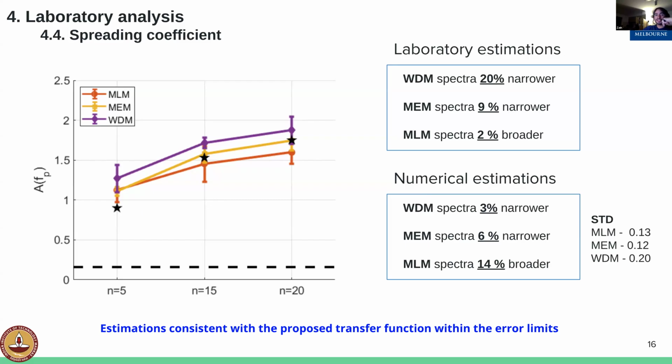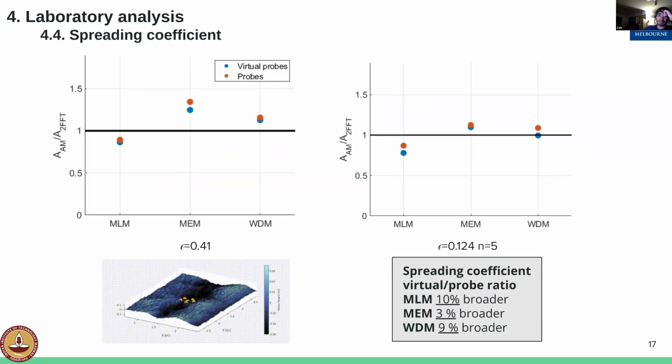So what we did next is we analyzed how different measuring techniques perform when estimating the directionality of waves. We used the digitized surface, measured with the cameras, and compared them to the estimations from the probe measurements. We extracted time series with the same geometry as the array used with the physical probes, and then we estimated the spectra using the different methods. In the diagram here, I showed two cases.